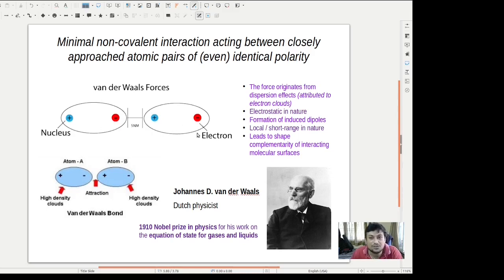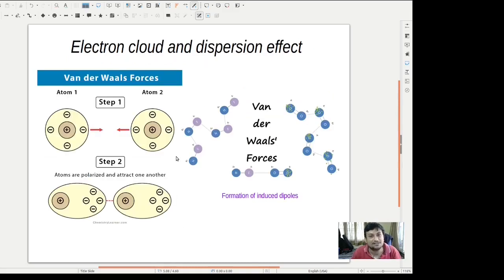Actually there are two attractive terms between the opposite charges and two repulsive terms between the like charges, and cumulatively they contribute to either an attraction or repulsion, which is the entire description of Van der Waals interaction.